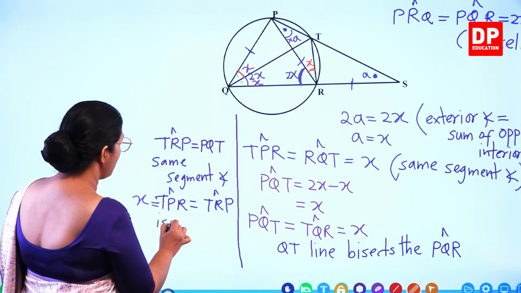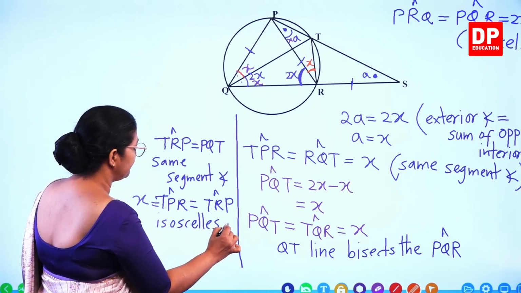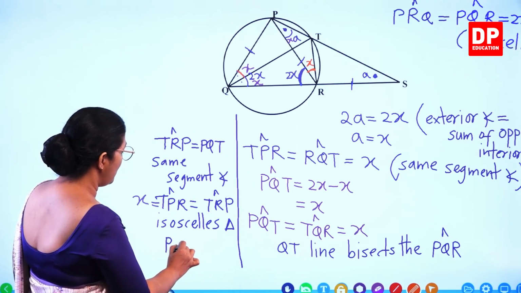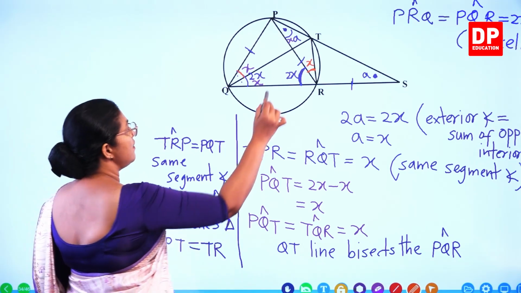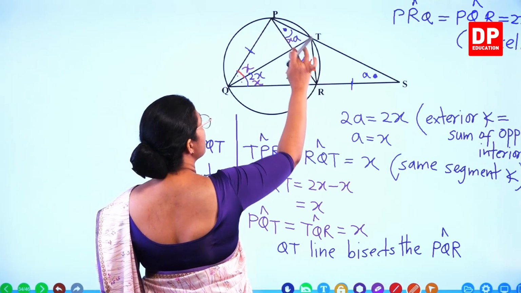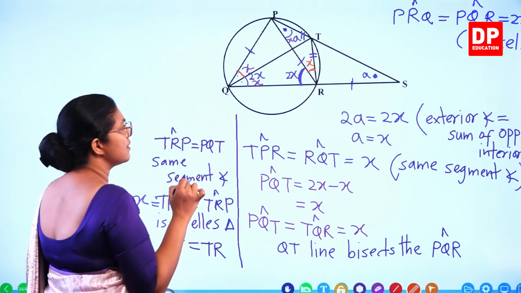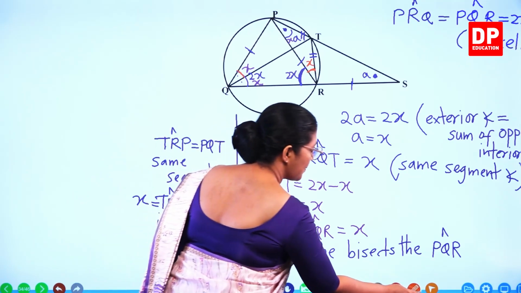So therefore, PT should be equal to TR. In the isosceles triangle, these two angles are equal, means this length should be equal to this length. So that's how we can show this part.